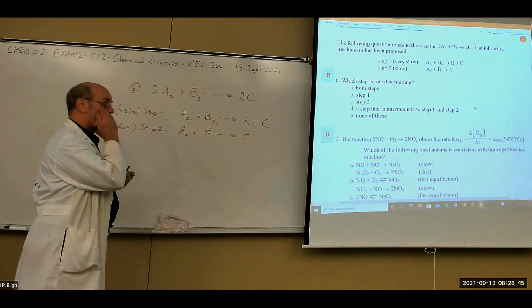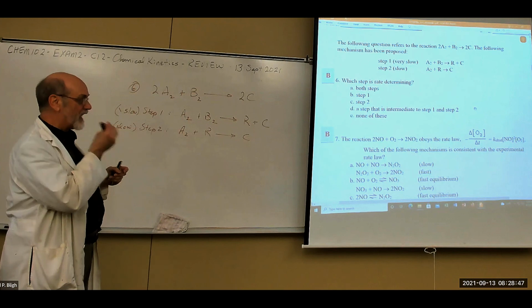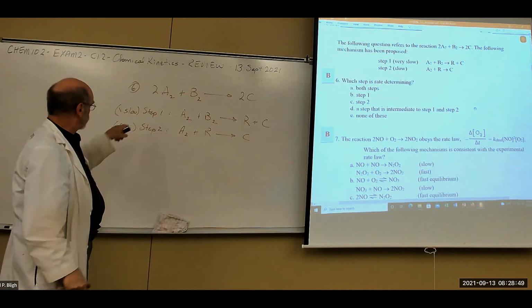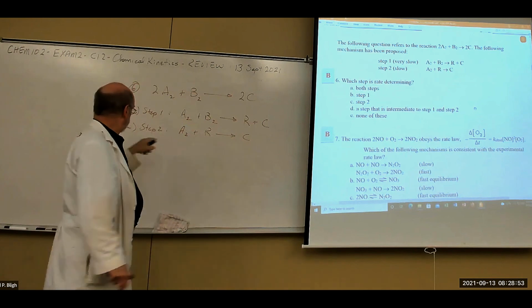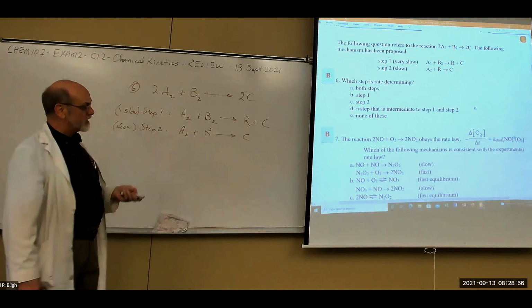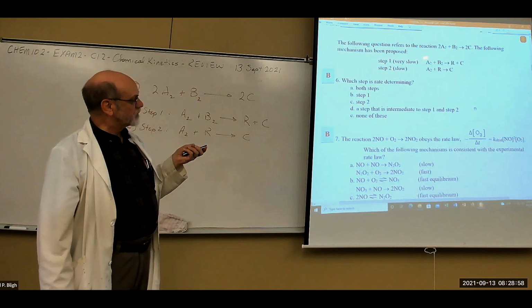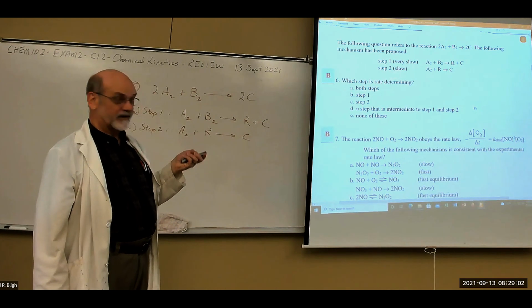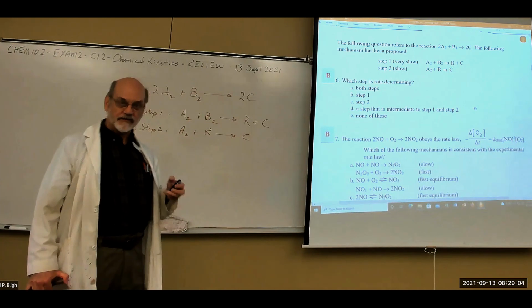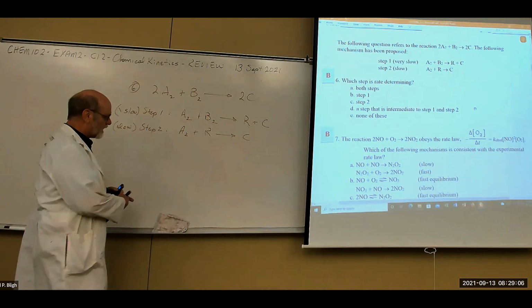Okay, so the answer would be B. This step is the rate determining step because it is the slowest one. And notice we say that that was slow, but this was very slow, which means it's slower than that one. Right, so you take the slowest step, that determines your rate.